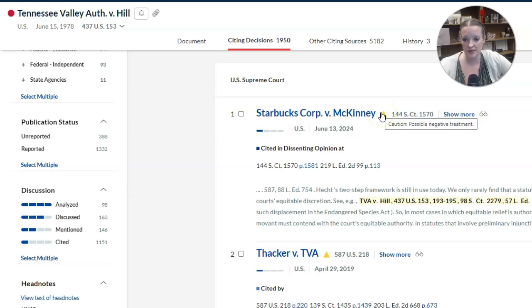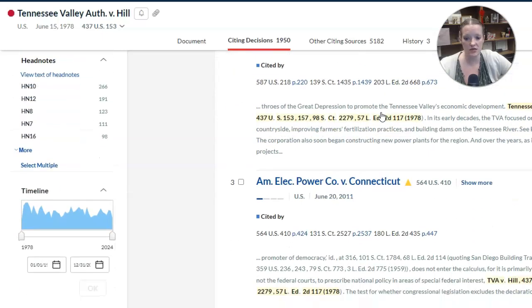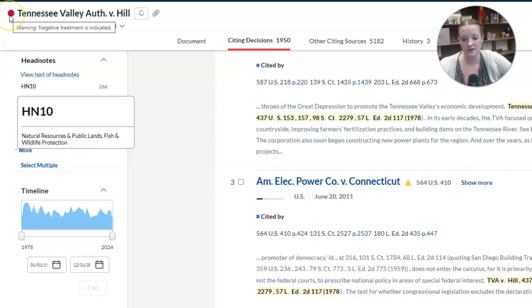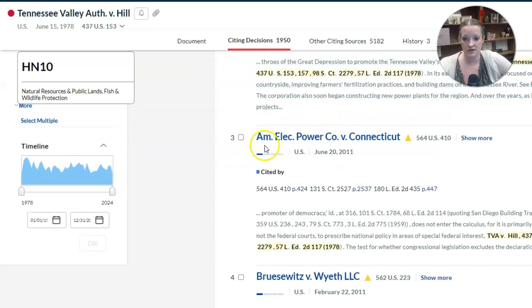So that signal is to the right of the case within that list. So just a small difference. For both platforms, we see a signal to the left of the case we're looking at. And then in terms of those cases that are listed, on Westlaw, we saw that signal relative to the citing case on the left, and then on Lexis, it is found on the right.